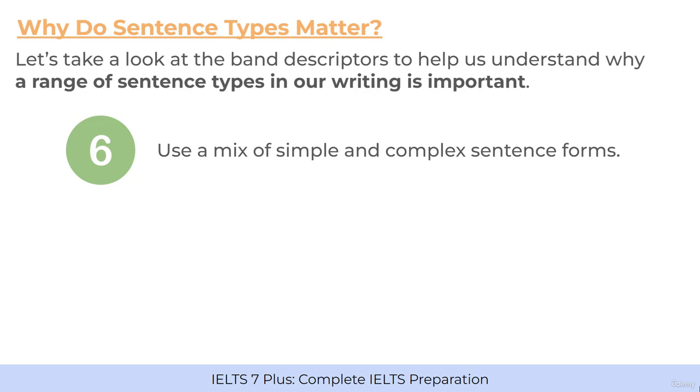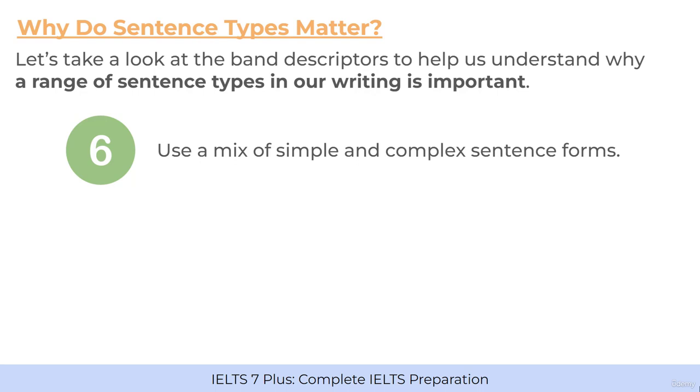The band descriptors say, use a mix of simple and complex sentence forms. So that's pretty open. There's quite a lot of interpretation within this, but it's basically saying you can use a range of some simple stuff, some slightly longer sentences, some more complex structures.